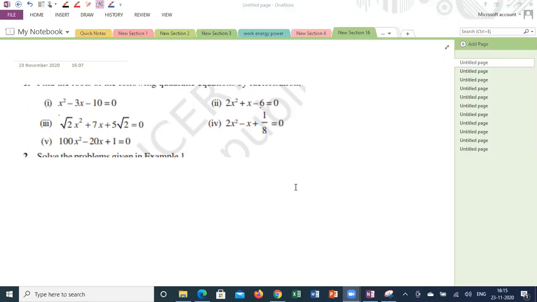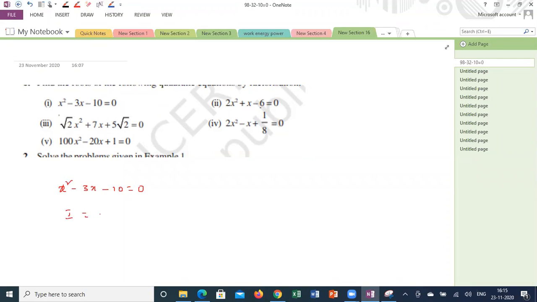For example, if I take the first question, there are three terms. Suppose it is x square minus 3x minus 10 is equal to 0.